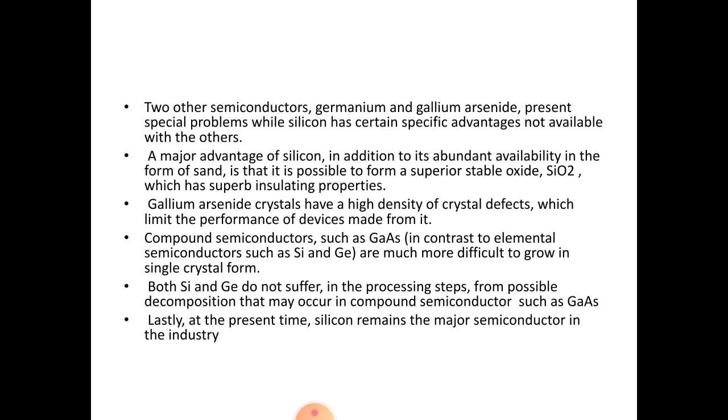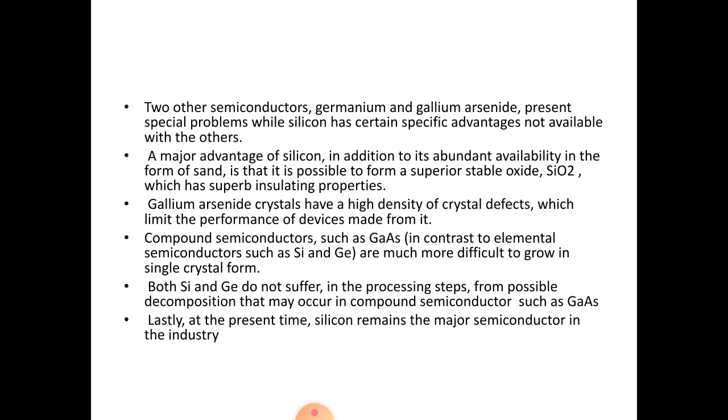This slide shows that the two other semiconductors, germanium and gallium arsenide, present special problems, while silicon has certain specific advantages not available with others. The major advantage of silicon, in addition to its abundant availability in the form of sand, is that it is possible to form a superior stable oxide, silicon dioxide, which has superior insulating properties. Gallium arsenide crystals have a very high density of crystal defects, which limit the performance of the device.